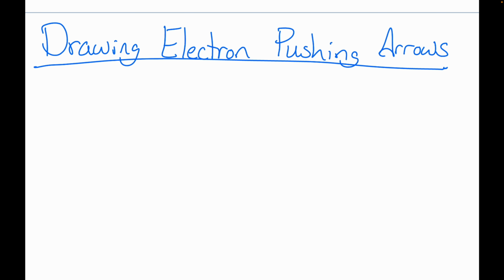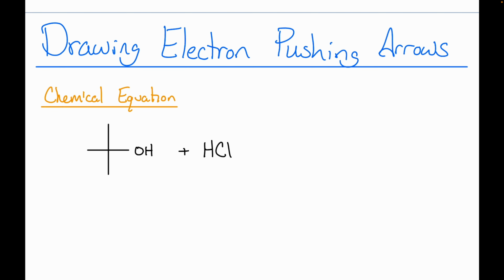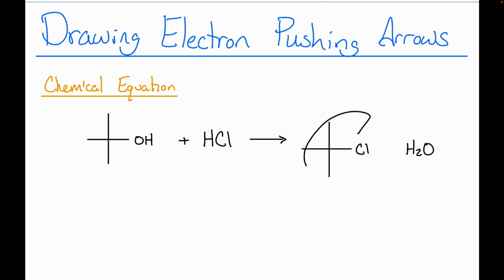All right, and what we're going to do is we're going to take a look at a mechanism for a reaction that we'll study later on down the road. Here's the chemical equation. If we take an alcohol, mix it with hydrochloric acid, we will get what we call a dehydration reaction, where we lose water and the OH is replaced with a chlorine.